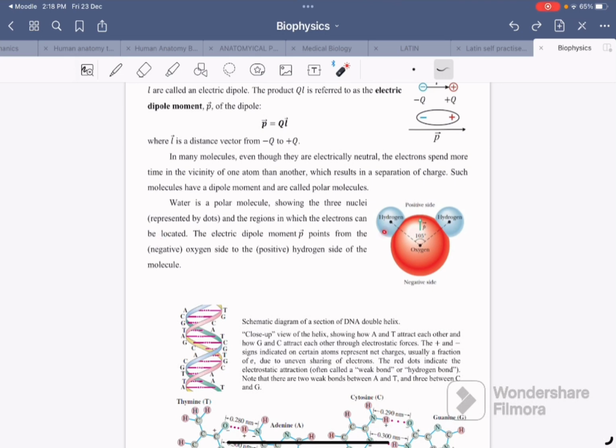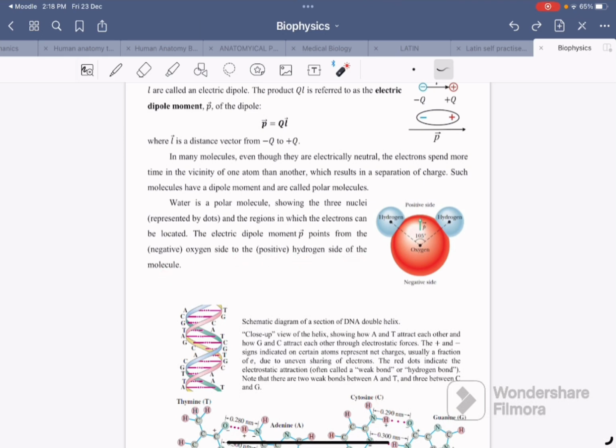The electric dipole moment, denoted by p vector, points from the negative oxygen side to the positive hydrogen side of the molecule.